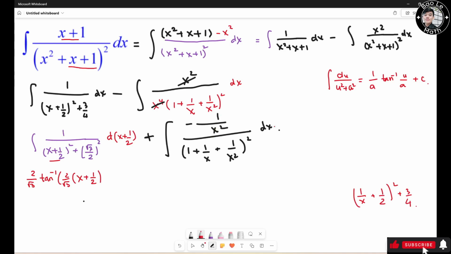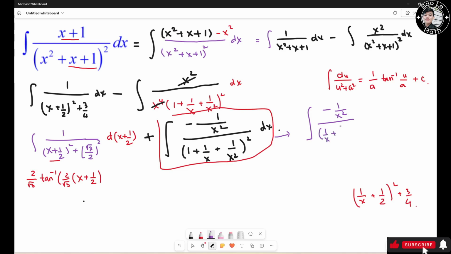Now we need to calculate this one right here. It turns out to be the integral of negative 1/s² over this expression, which I replace with this: ((1/s + 1/2)² + 3/4) all squared, ds. This 3/4 I can write as (√3/2)².